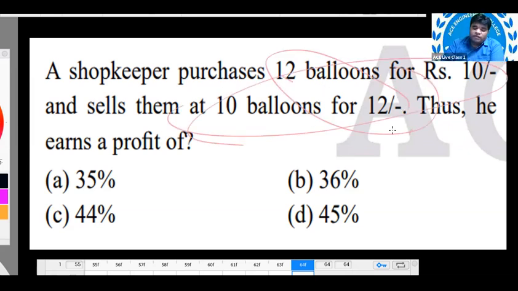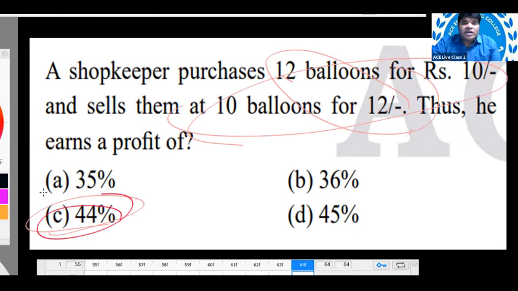It is positive, 44 is the answer directly. If the same question is repeated in an examination, within 1 second you are able to solve it compared with other friends. 144, 100, cancel, so we are getting 44. Direct answer, positive value, so it is a profit. Okay, Girija?